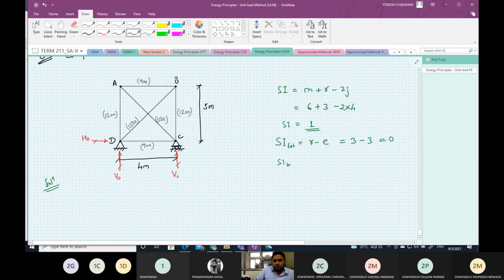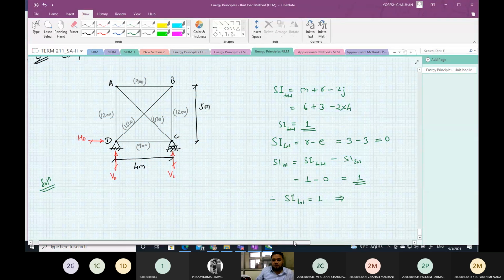So SI internal will be equal to total SI minus SI external. So it will be 1 minus 0. So SI internal is 1. That means one extra member is present.